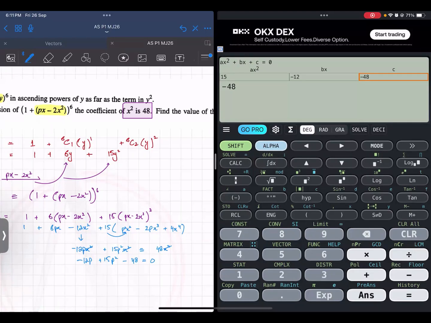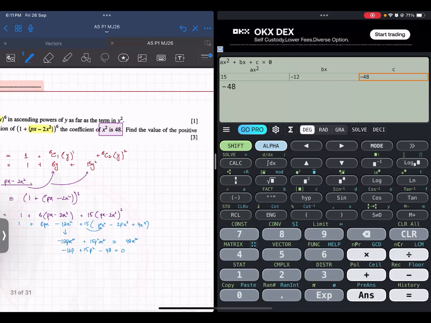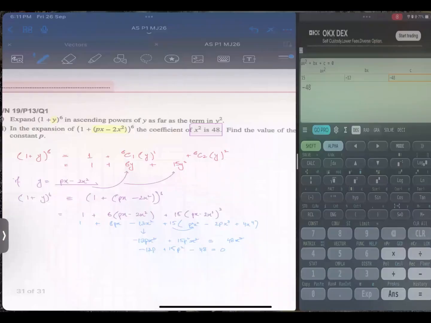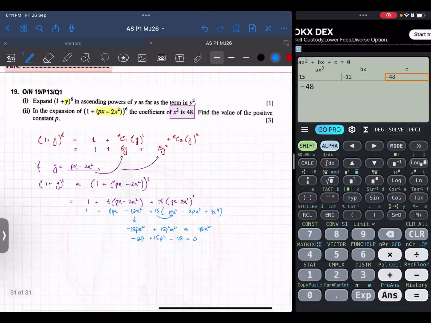And then 15p square x square. This is 48x square. So 15p square minus 12p minus 48. Have we done it right? I don't know, we'll have to check the answers. Maybe I have made some silly mistakes. Check my working if someone can see any silly mistake that I made. The answer is coming out as a very irrational decimal number, so it's not very likely the answer comes like this.